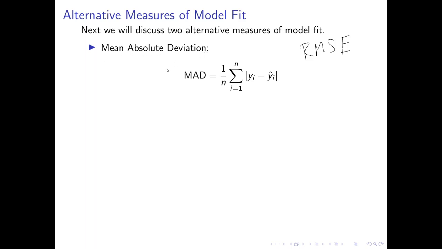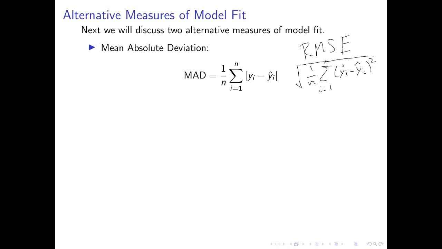Okay, so remember in RMSE we take the average squared distance between the values and the predictions, right? So this is mean squared error, and for root mean squared error, we have the root, right?